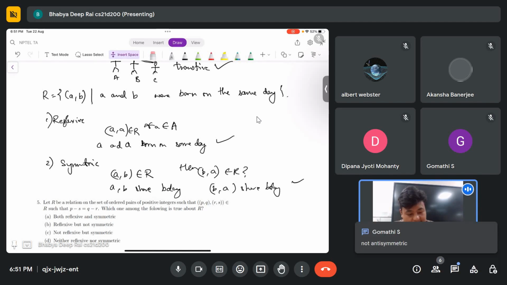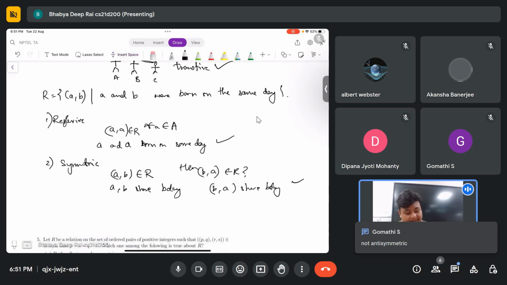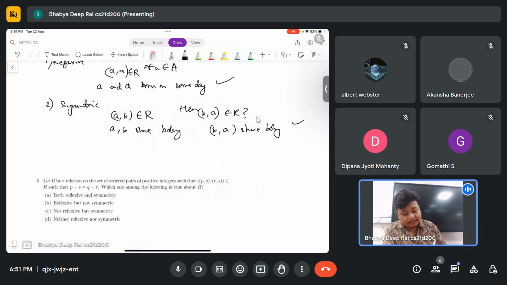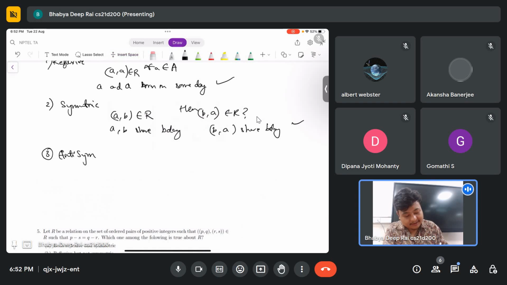Gomati says not antisymmetric. Okay, let's check that, Gomati. Antisymmetric says (A, B) in R, then (B, A) not in R. So like A and B share a birthday, but how can it be that B and A don't share a birthday?